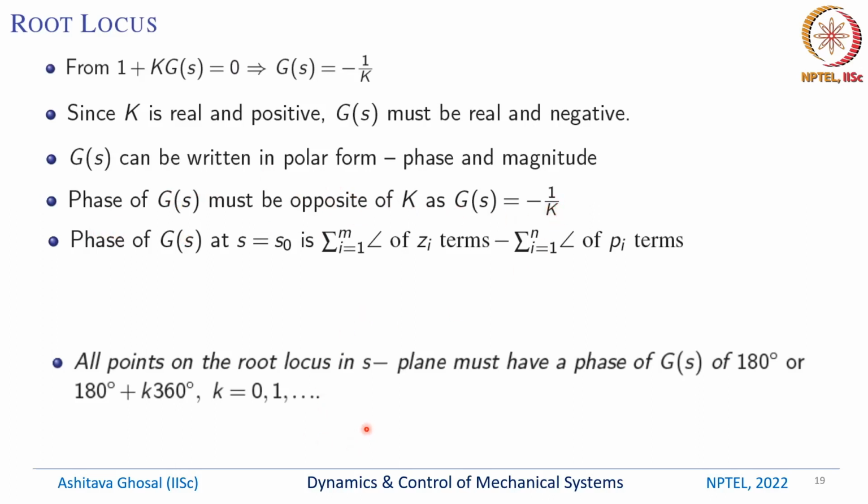Hence all points on the root locus must satisfy this phase relationship: the phase of G(s) is 180 or 180 plus k times 360. Since there's a minus sign, it should be the opposite. That is where 180 is coming from.